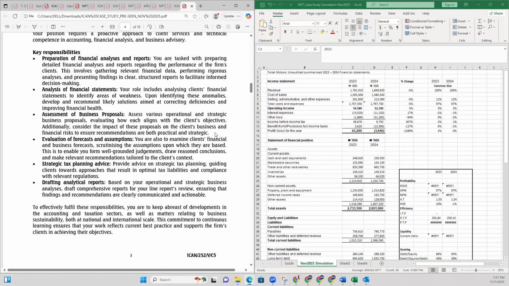So the second point, if you want to look at it again, is the fact that your job requires you to do an assessment of business proposals. That's assessing various operational and strategic business proposals, evaluating how each aligns with the client's objective, and additionally considering the impact of these proposals on the client's business and financial risk to ensure recommendations are both practical and strategic.